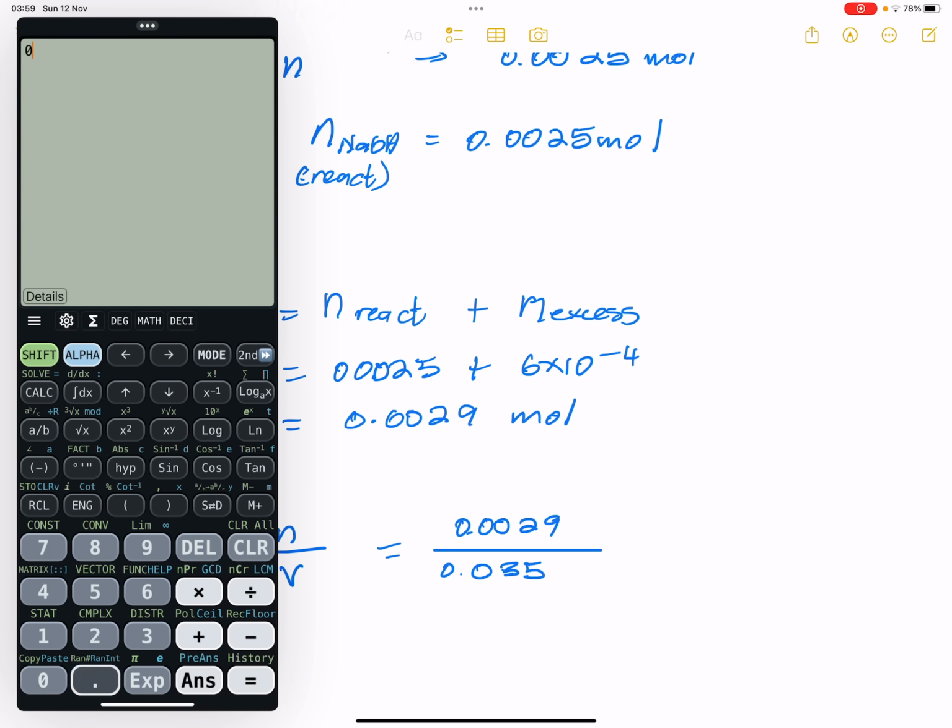So we're going to say 0.0029 divided by 0.035, and that gives us 0.083. So our concentration is 0.083 moles per cubic decimeter.